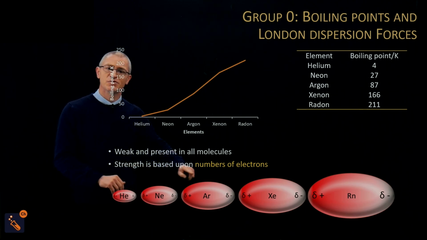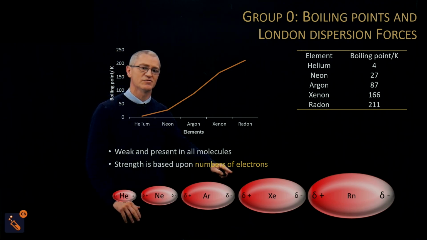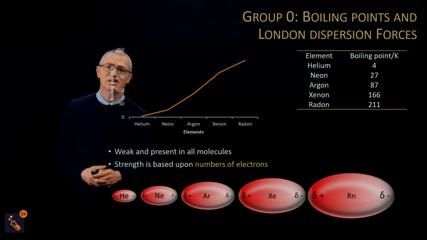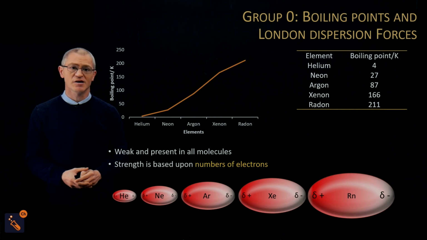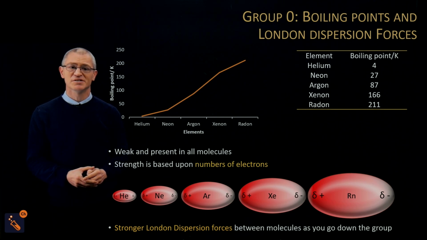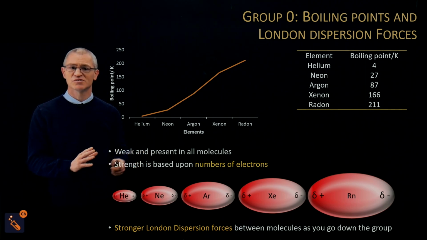But if you are sure it's London dispersion forces, you need to look at what's happening to the numbers of electrons. Well, if the numbers of electrons are going up, the London dispersion forces are getting stronger, and therefore my boiling point or my melting point is going up. And so that's what you see in group 0. You also see this in group number 7, okay? And those are the two most common examples.